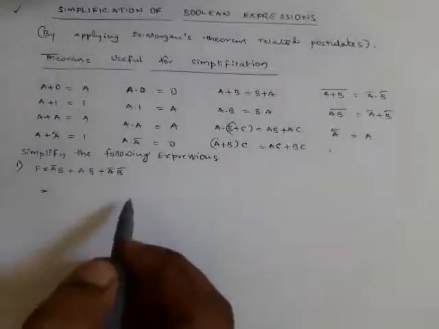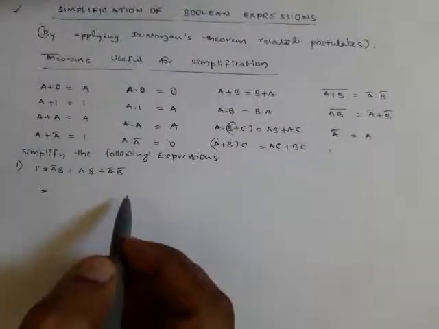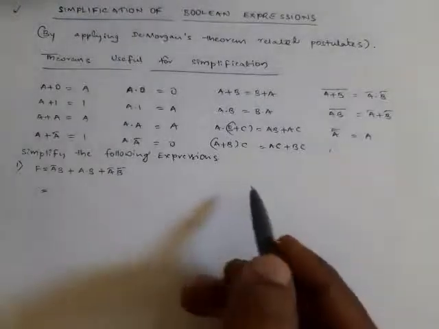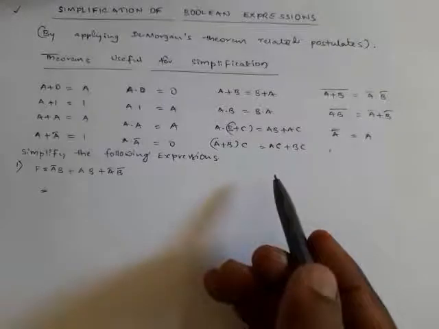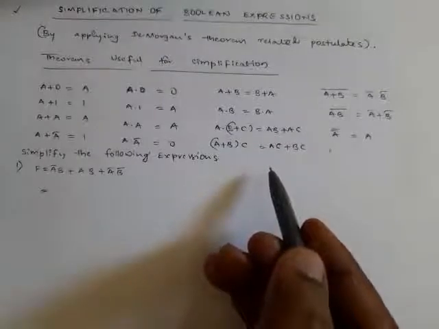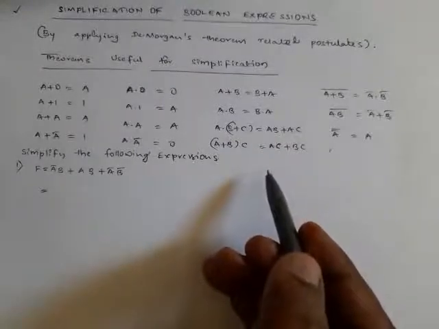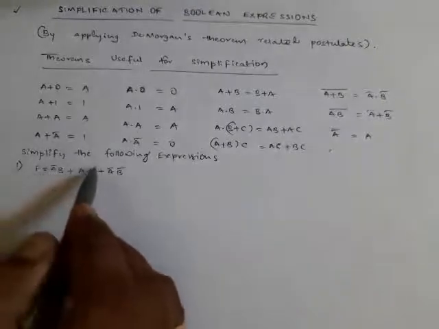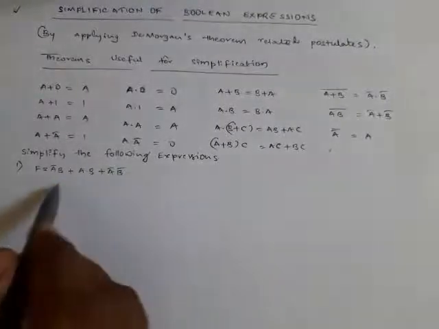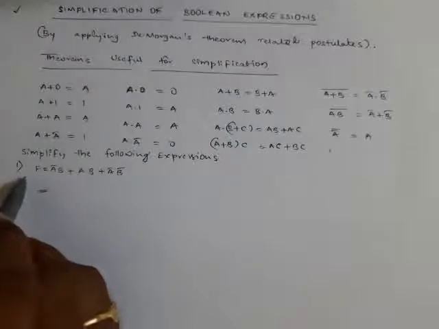We'll take up a number of expressions and try to simplify them using the theorems and postulates that we have shown here. Simplify the following Boolean expressions. We'll take the first example.